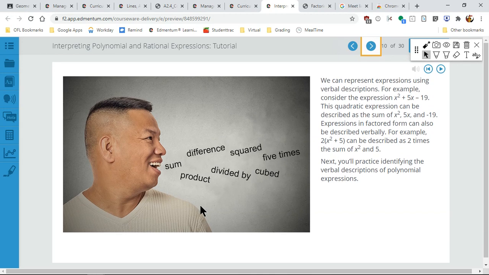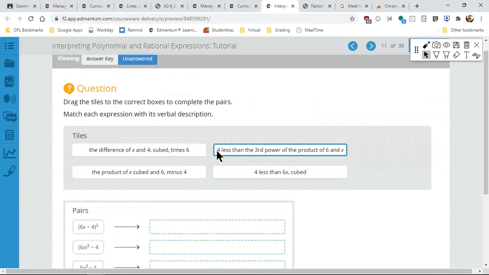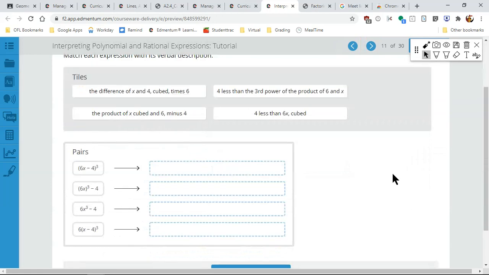Can you represent expressions? So now we're going to use words. So those of you that struggle with word problems, I'm one of them. We're going to talk about how to say terms in words. And one thing that we'll realize is that they're always backwards. I don't know why. They're always backwards. So you kind of always start off working your way out.